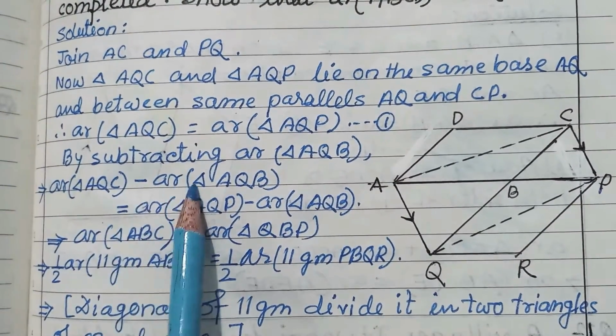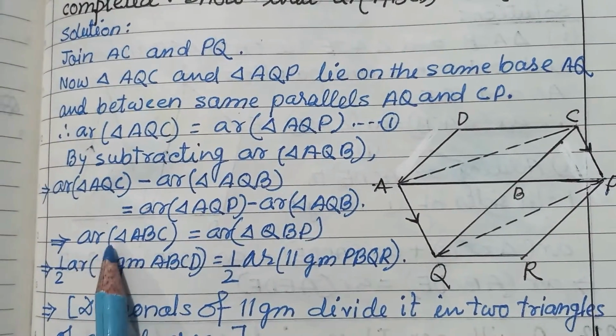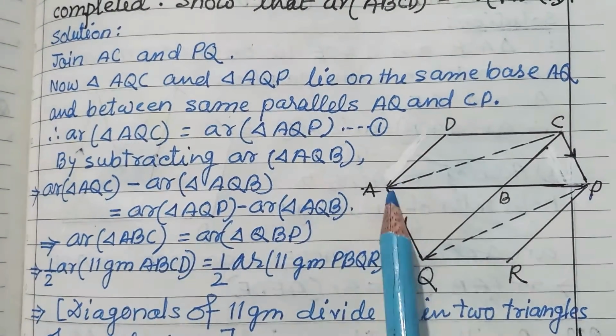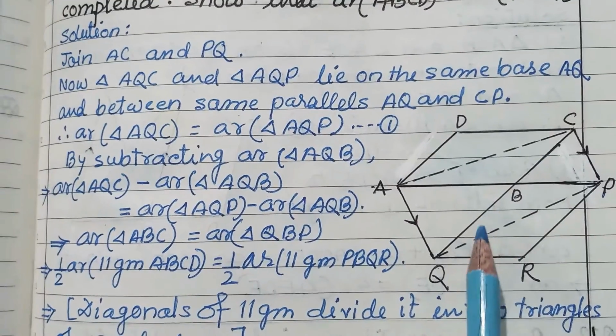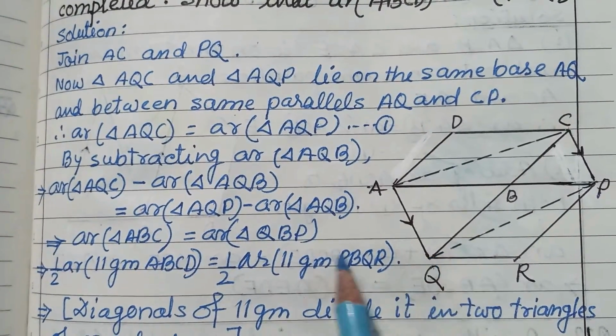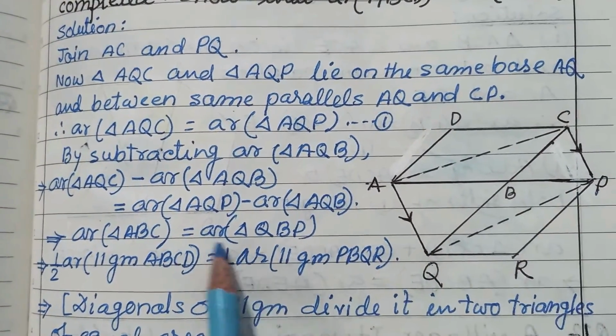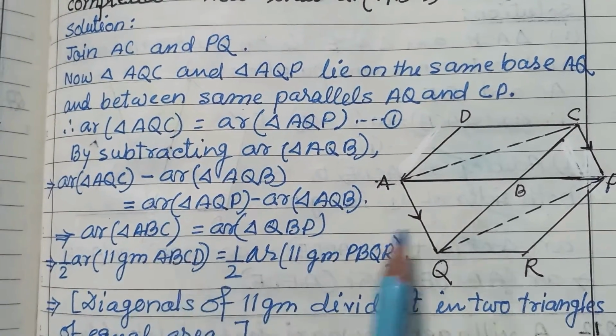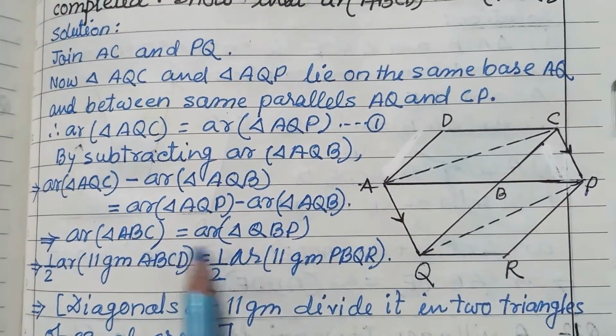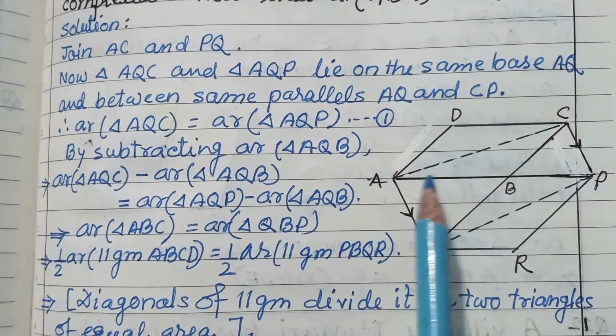Now we are getting the area of triangle ABC, this much part, and from this side it is QBP. These two triangles, their areas are equal.